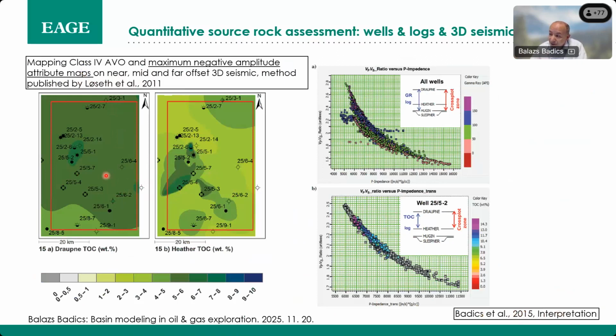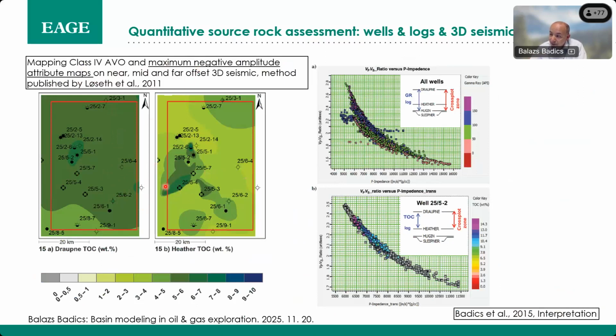It doesn't work very well for not so good source rocks, but I recommend you to look at, for example, the absolute maximum negative amplitude or average negative amplitude RMS map of the top source rock, because usually your top source rock will be a soft negative response because it has much lower density and much higher anisotropy.